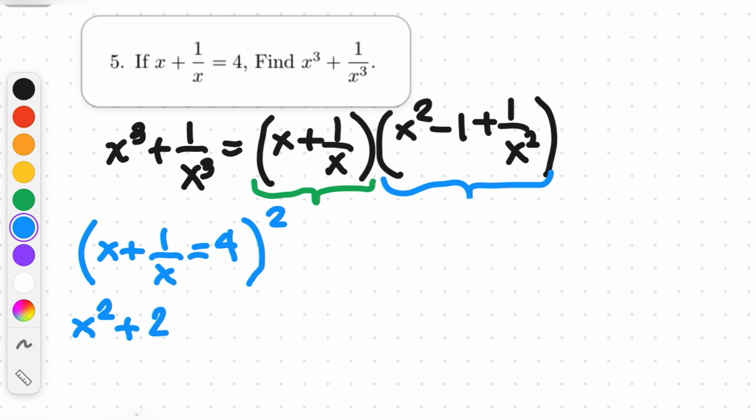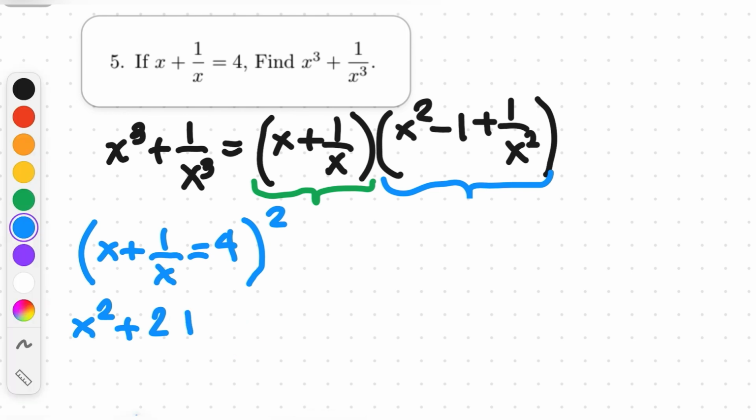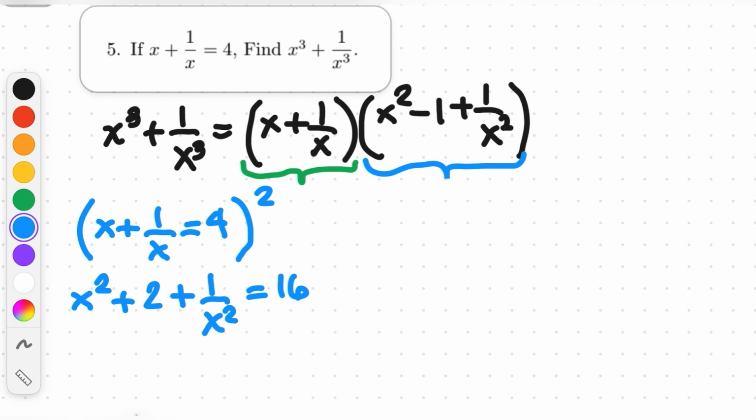So that means 2 times x times 1 over x, which is just 2. And then plus 1 over x squared equal to 4 squared, right side becomes 16. So moving the 2 to the other side, we have x squared plus 1 over x squared equals 16 minus 2, which is just 14.